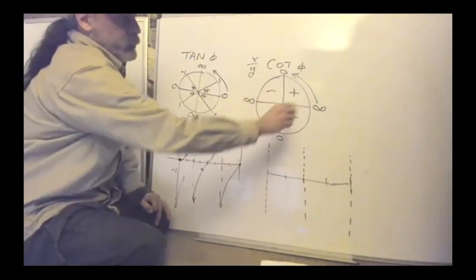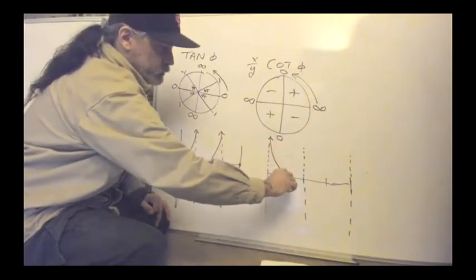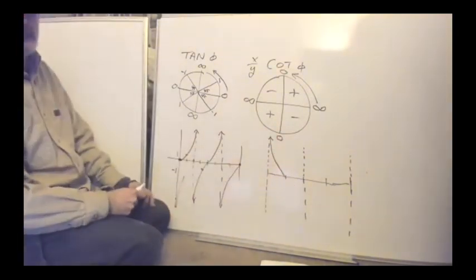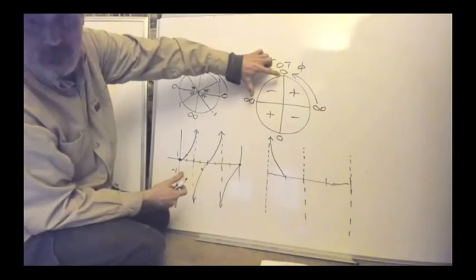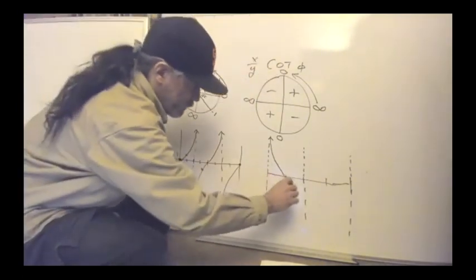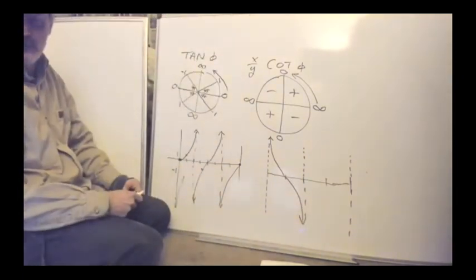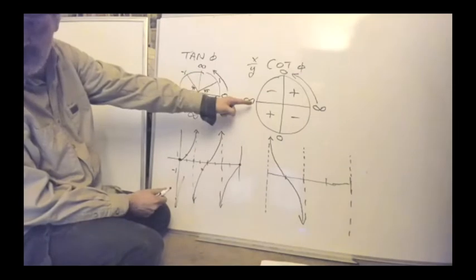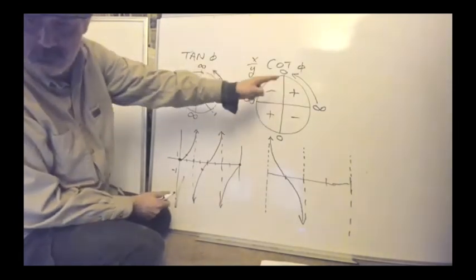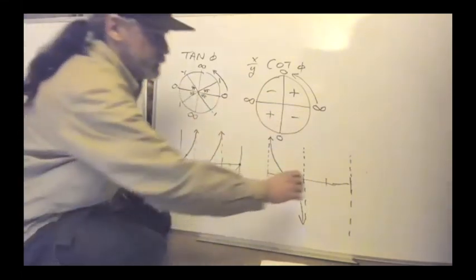So when we come from infinity to 0, that means on the positive side, infinity to 0. Now, the second quarter is going to be negative. So now we're going to go from 0 to negative infinity. And then the graph just repeats. Notice, just like the first quadrant to the second quadrant, the third quadrant to the fourth quadrant.